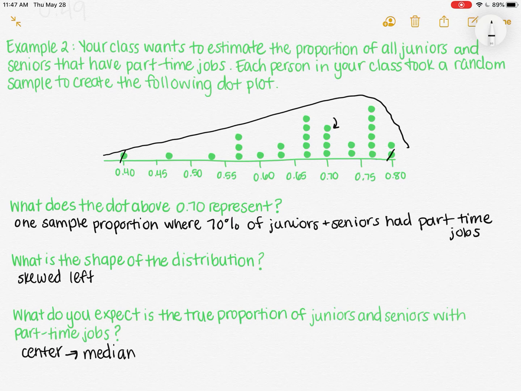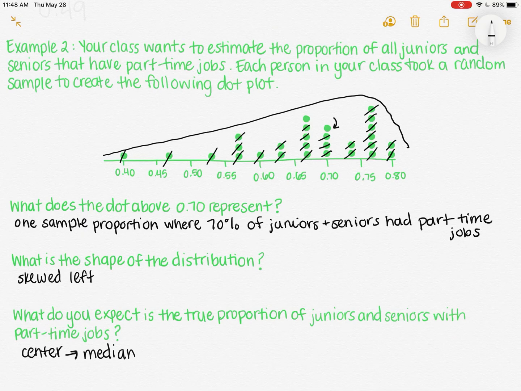So I can go ahead and find the median of my dot plot, and to do this, I cross out one dot on each side until I get to the center data point. So we're left with 2 dots in the center.